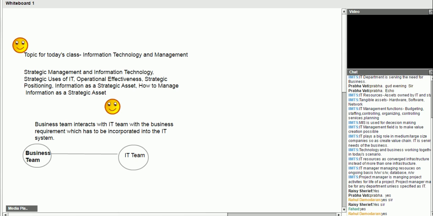The person who is carrying out this job is called the business analyst. So the business analyst is responsible for gathering all the requirements or acting as a medium between the business team and the IT team. Now, the IT team may have different sub teams.